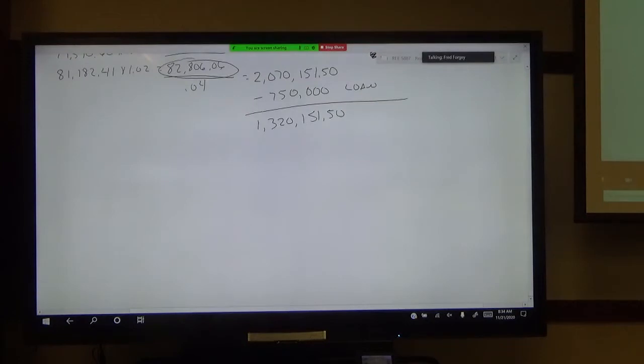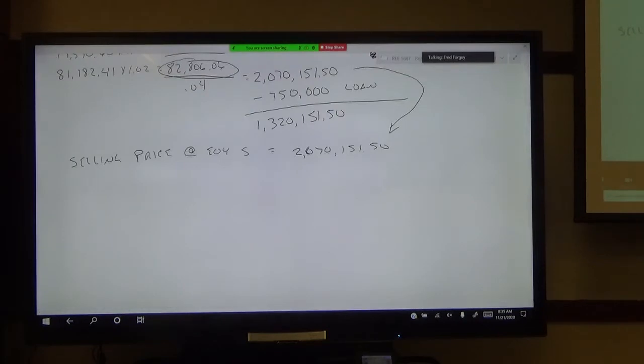Based upon this second scenario, our selling price at end of year 5 is going to be equal to the $2,070,151.50 that we got from up here. All right, so that's what we're selling it for at the end of year 5.